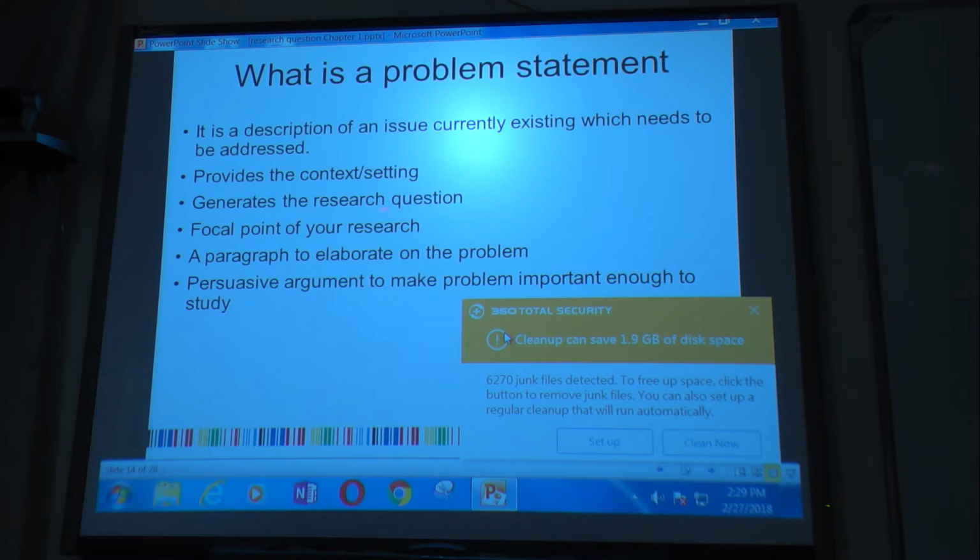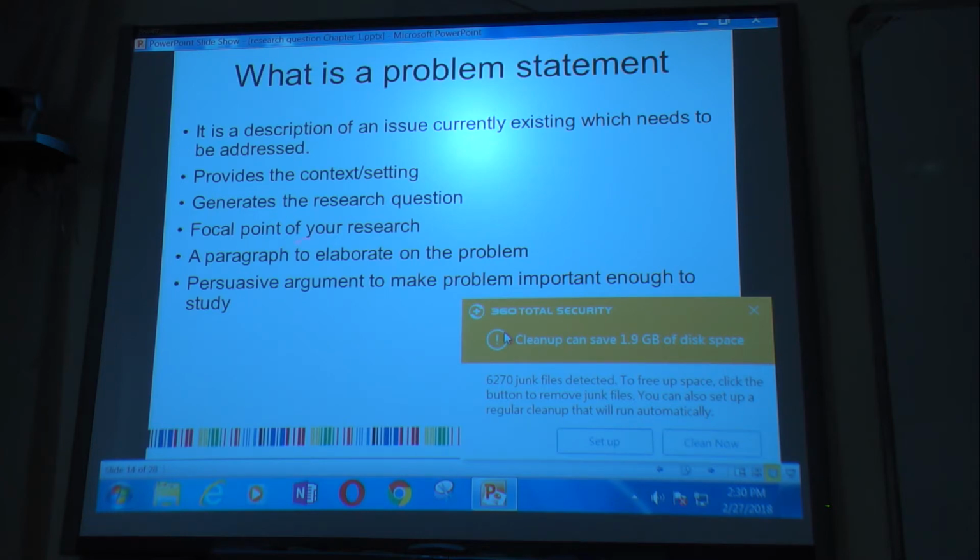The research question then goes hand in hand with the problem statement. The problem is the focal point of your research. With the steps in research, we said that we need to conclude at the end that we did find a solution for the problem that we identified in step 1.